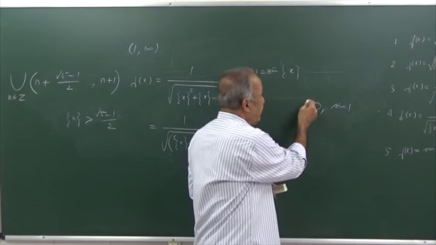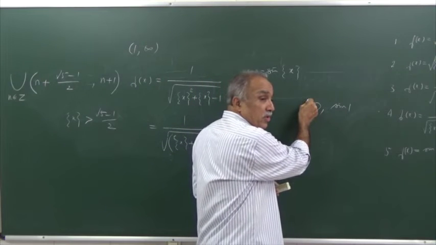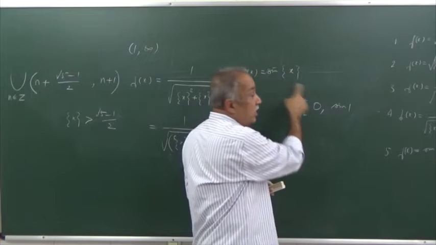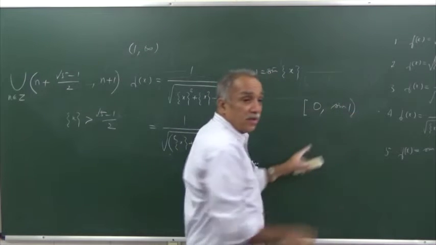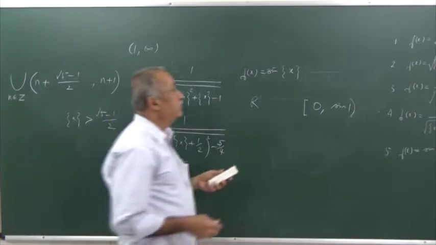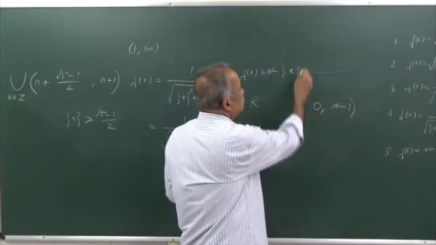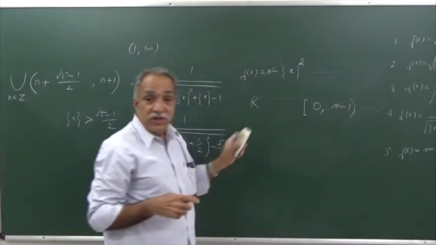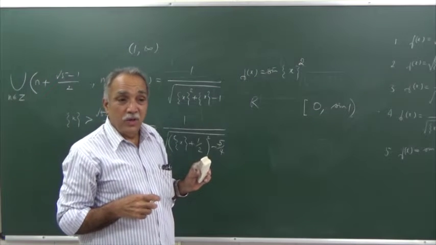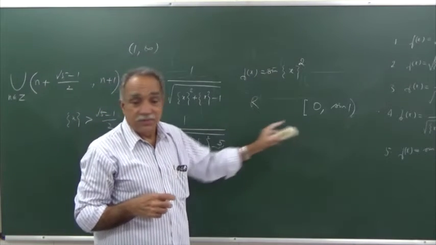The interval, will it be closed at 0? Yes, because 0 is reachable. 1 is not reachable, open. This is the range, this is the domain. Any change in your conclusions? No. Same domain, same range.